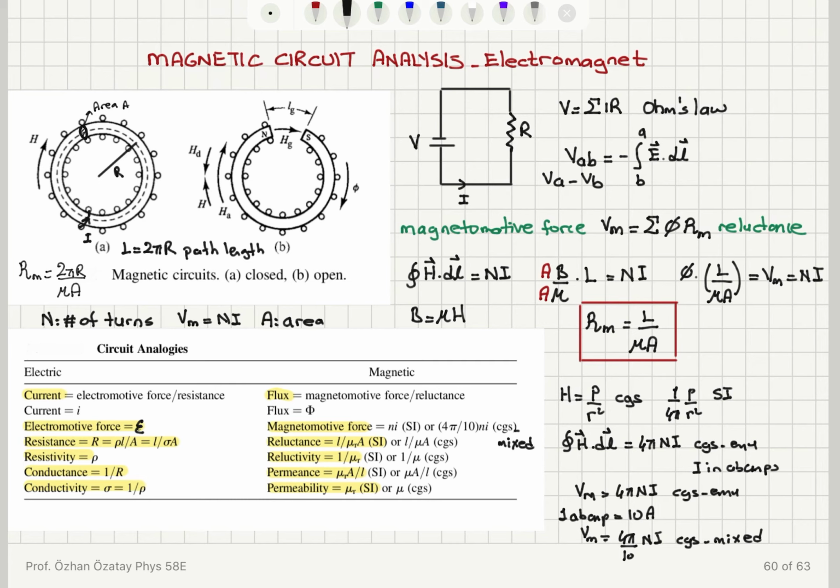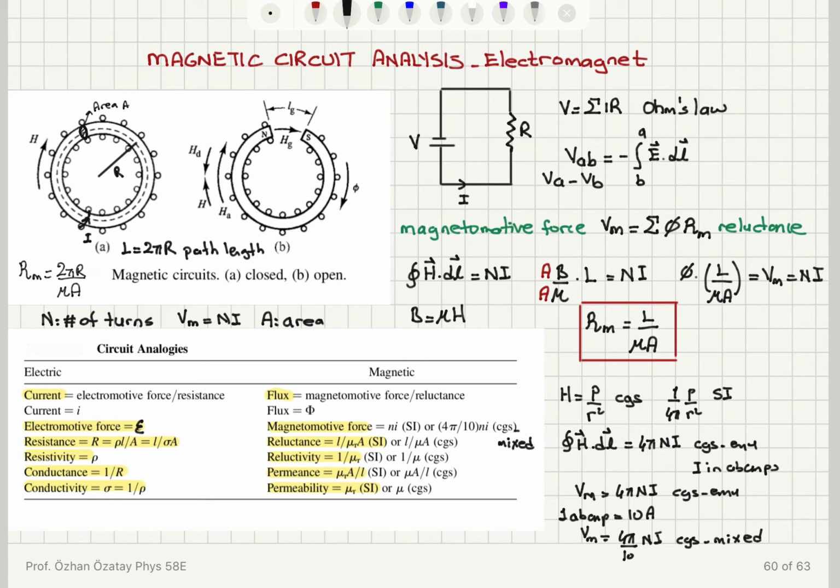So N times I is the magnetomotive force. That's the total current enclosed. And for H, you can write B divided by mu. So once again, we're assuming the initial magnetization curve. So B divided by mu, H times L, is equal to Ni.